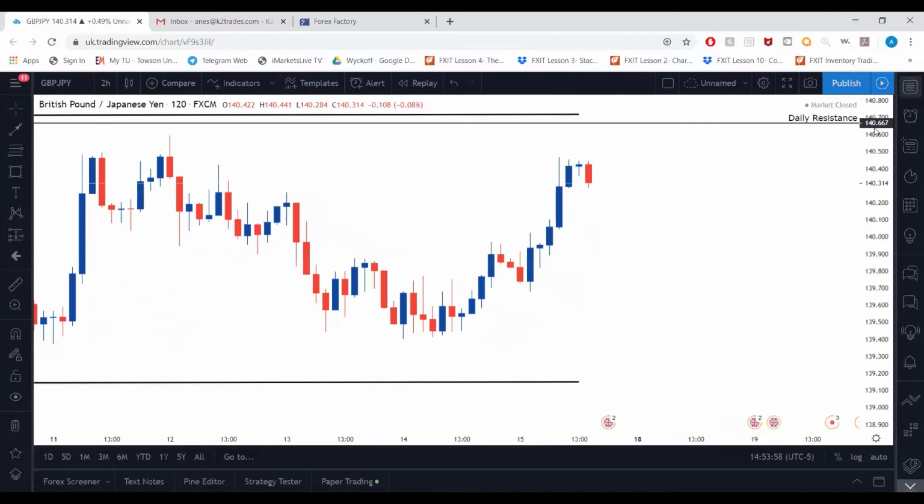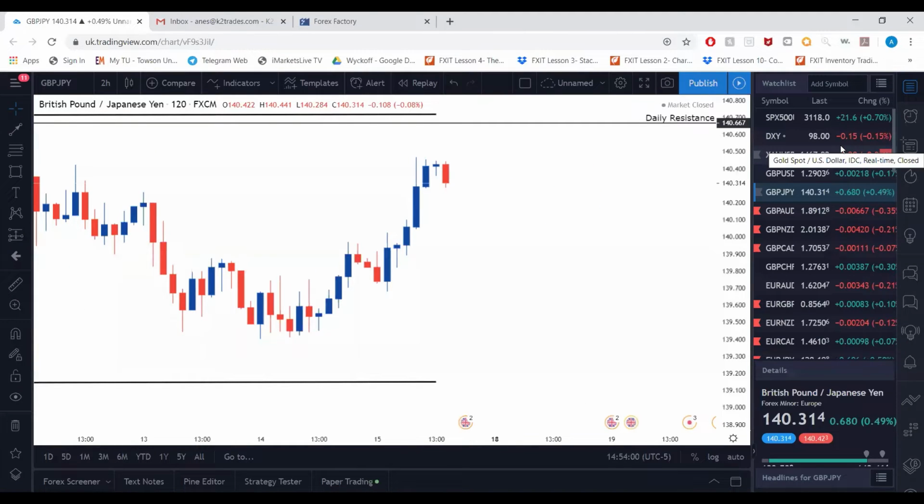Me personally, if I leave pendings, I leave them for 24 hours at the most, and usually much less than that. If I go to bed, I will set a pending with a stop loss, and then see in the morning if it's triggered. If the price didn't reach that and already dropped down, I just remove my pending order and look for a different opportunity.